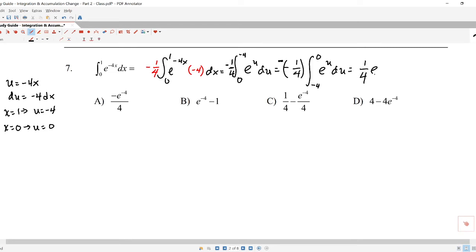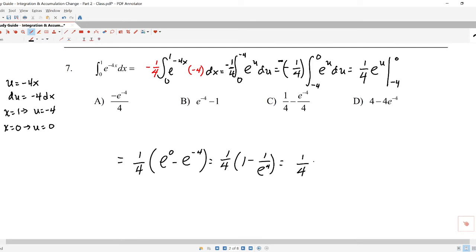The integral of e to the u is e to the u from negative 4 to 0. So I get 1/4 times e to the 0 minus e to the negative 4. E to the 0 is 1. E to the negative 4 is 1 over e to the 4th.